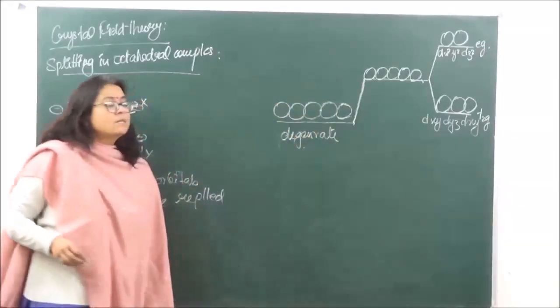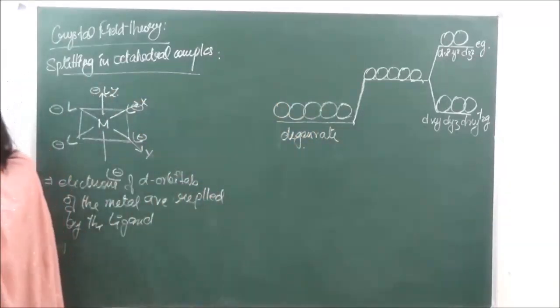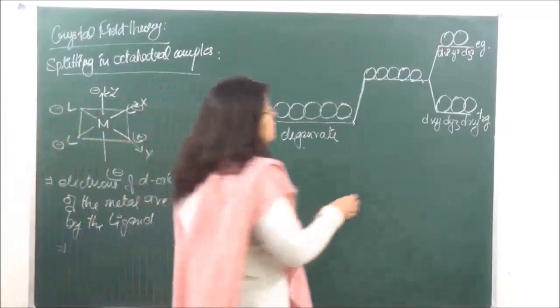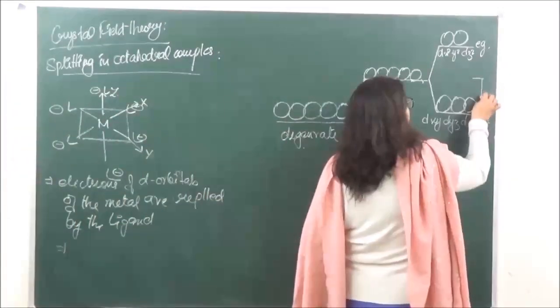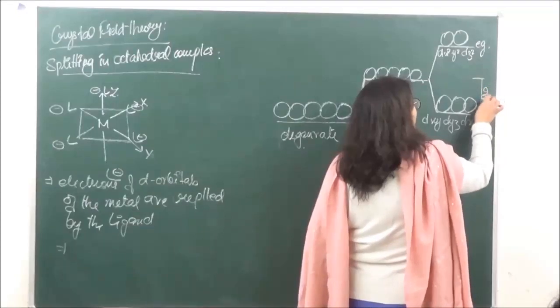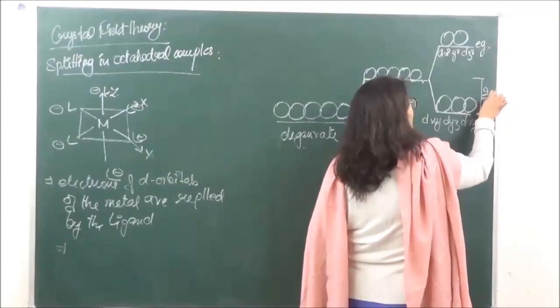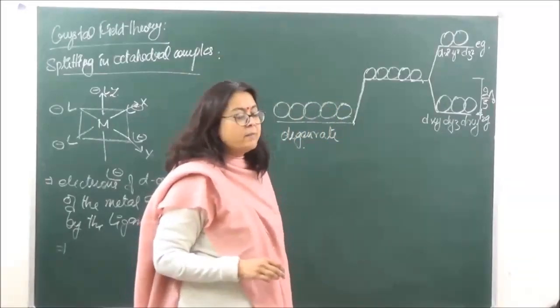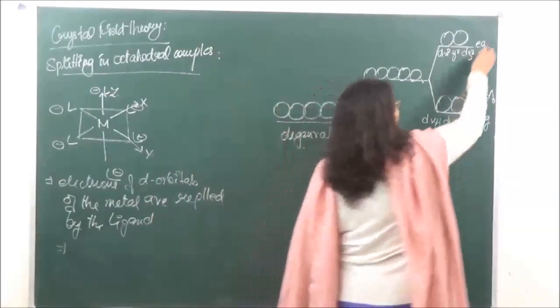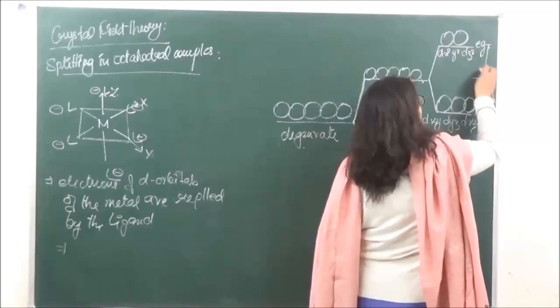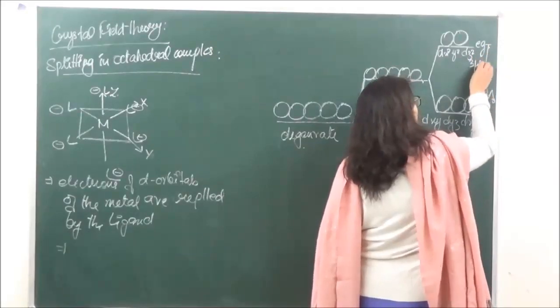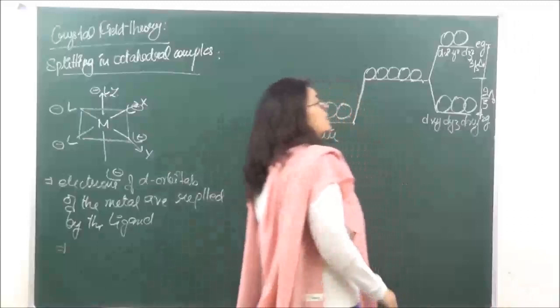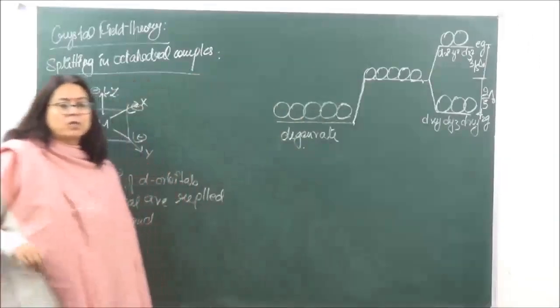Now what is the splitting energy over here? It is seen that the splitting energy for T2g is 2 by 5 delta naught, where naught represents octahedral complexes, and for Eg it is going to be 3 by 5 delta naught.